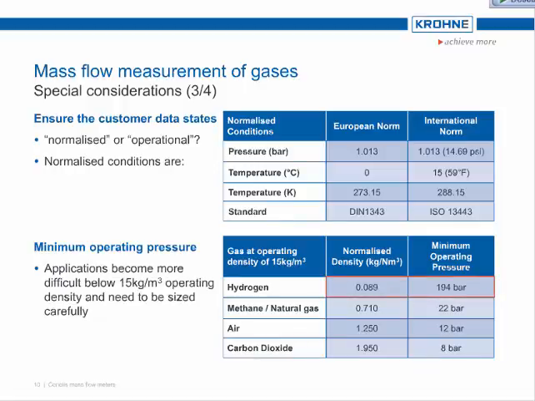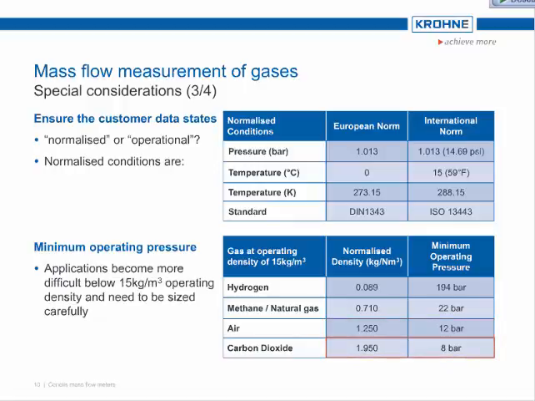For hydrogen, with a normalized density of 0.089 kilograms per normalized cubic meter, the pressure needs to be above 194 bar. For methane, with a normalized density of 0.71 kilograms per normalized cubic meter, the pressure needs to be above 22 bar. Similarly, for air with a normalized density of 1.25 kilograms per normalized cubic meter, the pressure needs to be above 12 bar.